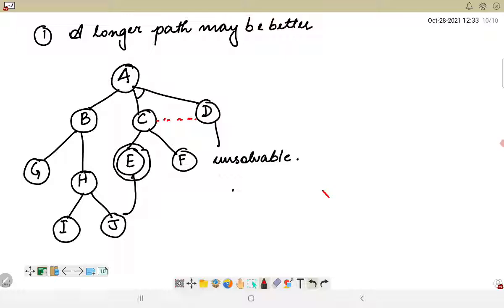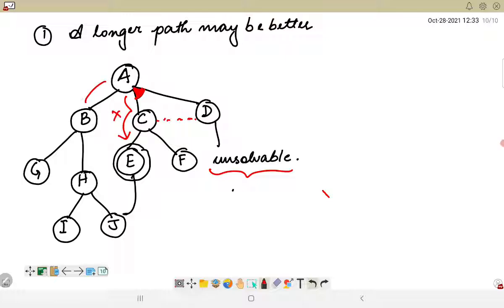And what is the problem with D? D is unsolvable, so we cannot solve D. But we can solve C, but merely solving C will not help us to reach E, because without the solution of D, this entire arc will not be able to help us in order to reach E. Hence, I cannot consider this route at all.